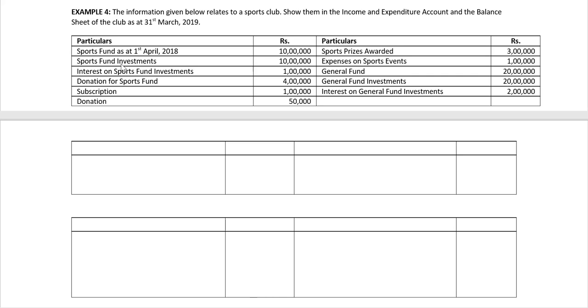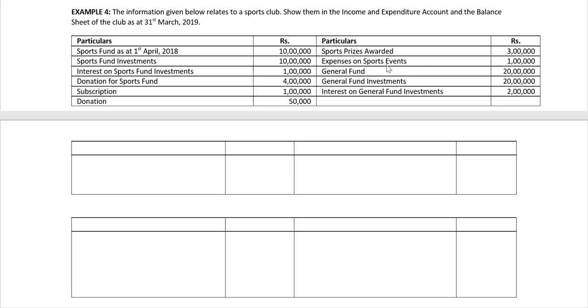The sports fund as at 1st April 2018, the beginning of the year, was 10 lakh rupees. Sports fund investments 10 lakh rupees. Interest on sports fund investments is rupees 1 lakh. Donation for the sports fund rupees 4 lakh. Subscription received 1 lakh rupees. Donation received 50,000 rupees.